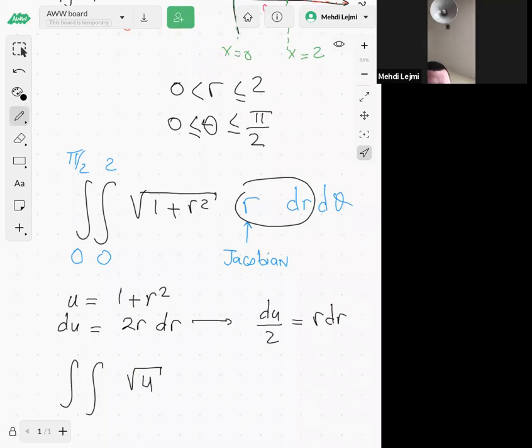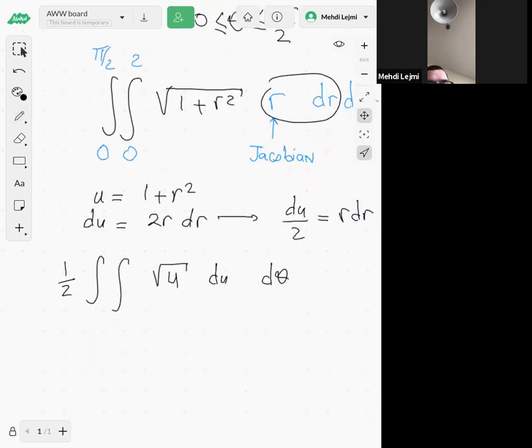So we're going to have a half here, and du, and d theta. Then the integral of the square root of u, we integrate with respect to u using this substitution, so that'll be u to the power 3 over 2 over 3 over 2, d theta.